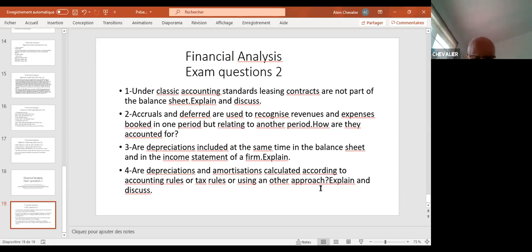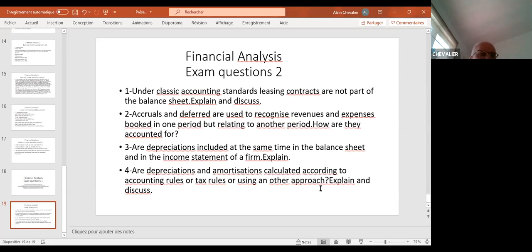Number 3, are depreciations included at the same time in the balance sheet and in the income statement of a firm? Explain. The answer is yes, but not the same way.